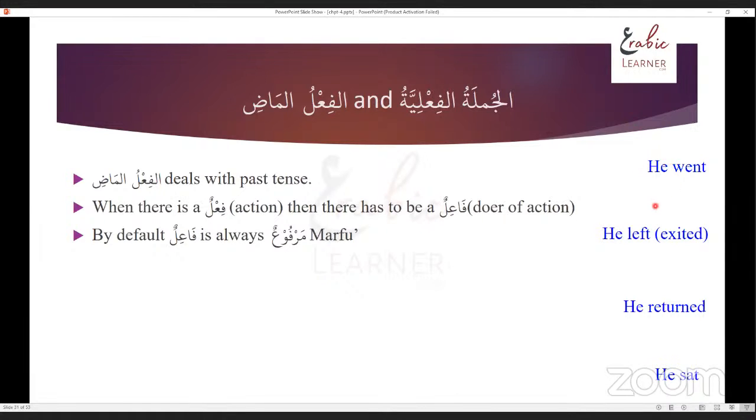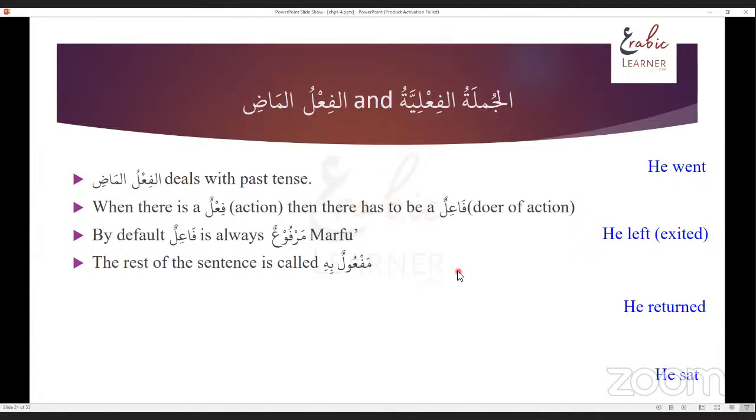So the main king or the prince of the sentence is always marfu'. Remember this. The prince or the king of the sentence is always marfu'. He is in the highest status. So fa'il will always be marfu'. Remember this.